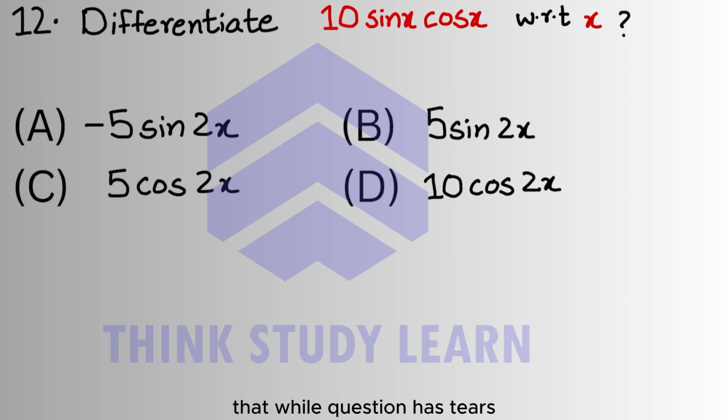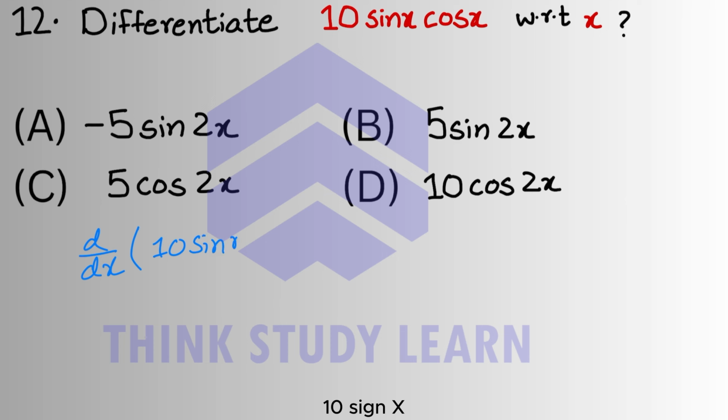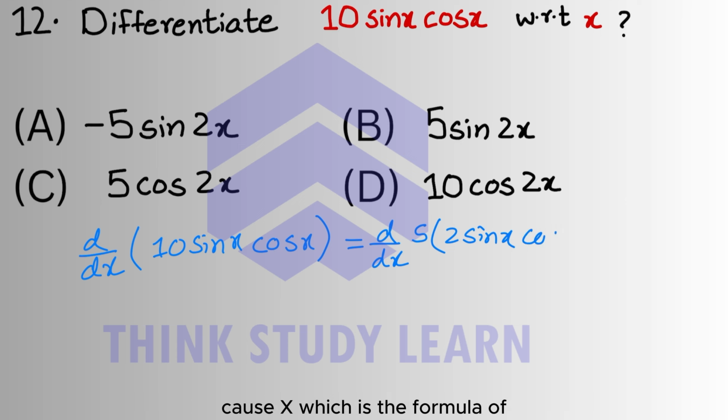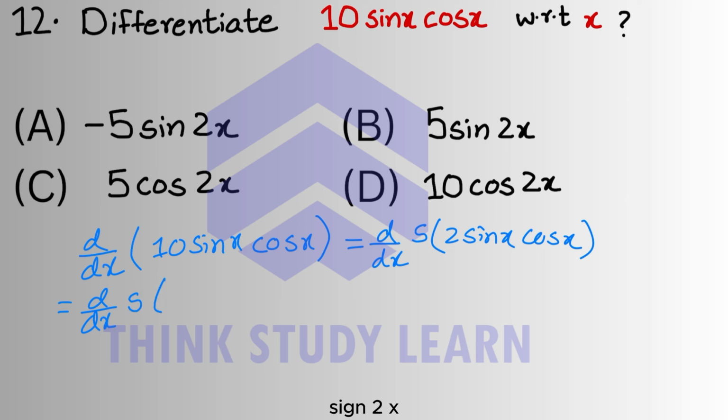The 12th question here states, differentiating 5 sine x cos x with respect to x gives us the value equal to what? So we will differentiate 5 sine x cos x. Taking 5 common, we will be left with 2 sine x cos x, which is the formula of sine 2x.